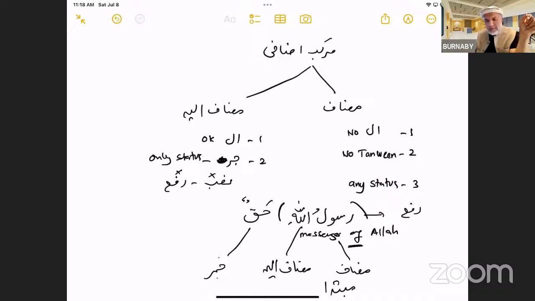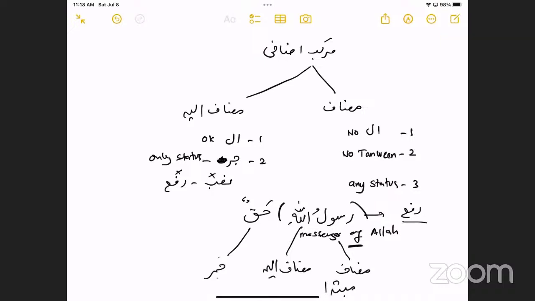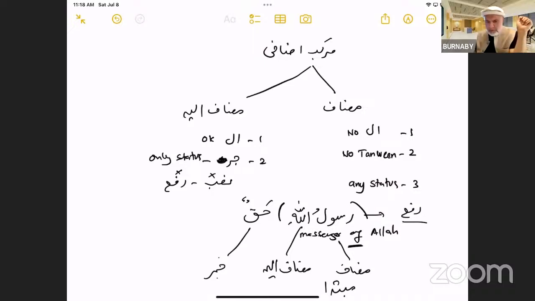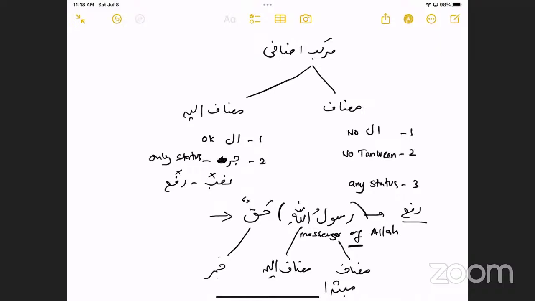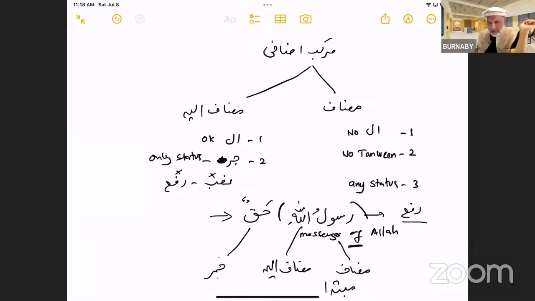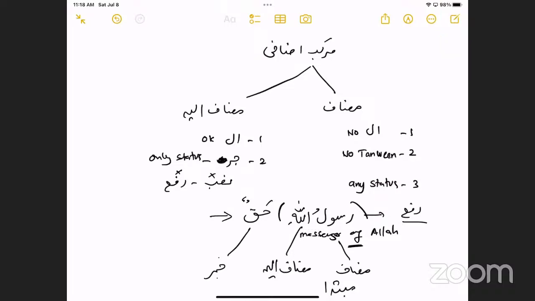I'm using the status of Rasul as rafa, subject. Are you with me so far, guys? Is this a nominal sentence? Yes, because we have mubtada and we have the khabar. Is khabar the mufrad, a standalone word, haqqun? Yeah. And the mubtada is a murakkab.